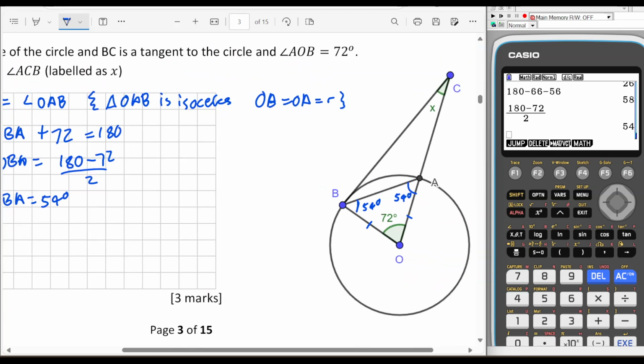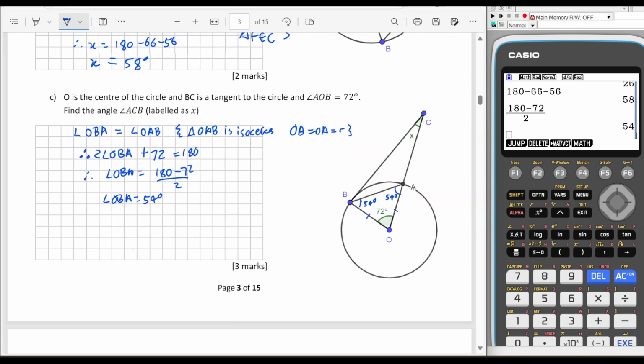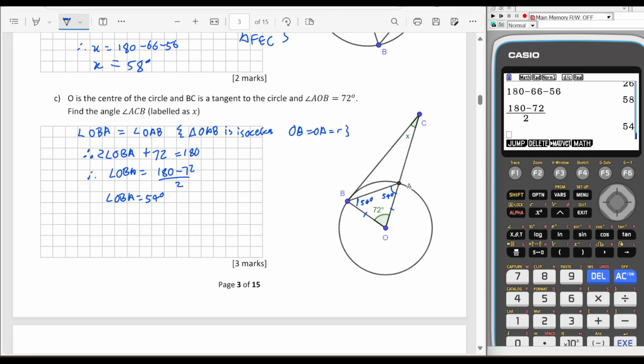A couple more angles we can work out. So angle CBO is 90 degrees. Now this is the radius tangent theorem.